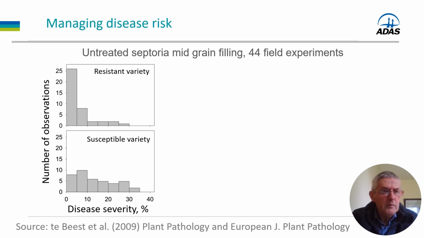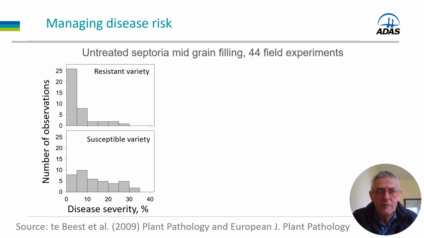And we could measure in untreated plots the Septoria severity at mid-grain filling. If we look at the top chart, what we can see here is the disease severity percentage along the bottom and the number of sites and seasons, in other words, the number of experiments in which that severity occurred.